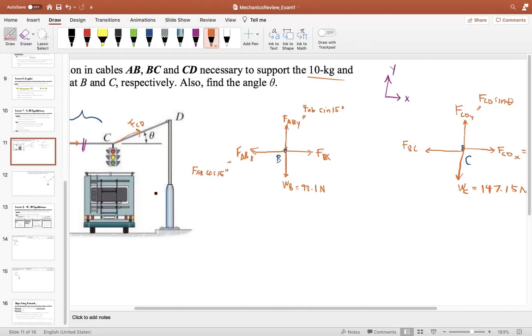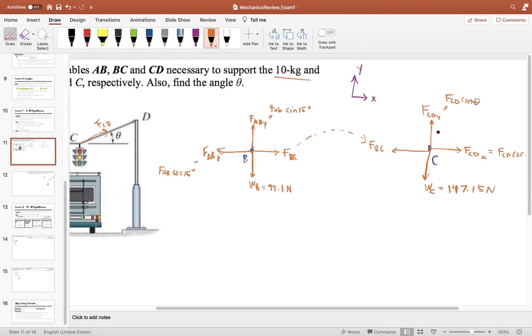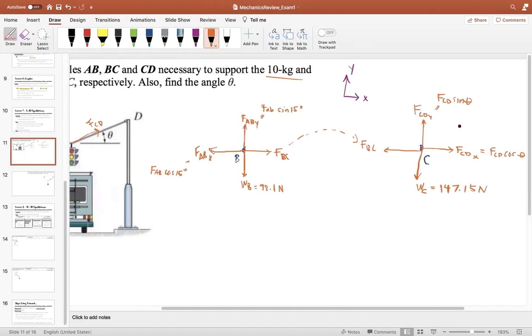So I broke it up because even though that adds an unknown, it still simplifies it because here I have 2 unknowns. And then from here, this unknown can be used here, which makes it a known on this body. In this body, I would have FCD and cosine theta as my unknowns, which makes it super easy to solve for here.